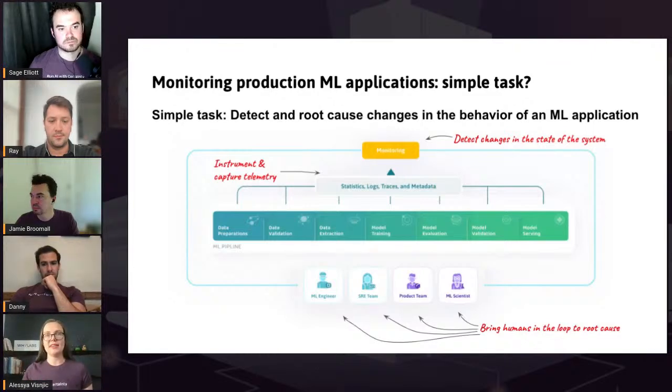So it all boils down to essentially solving three problems: gathering some kind of vitals from your ML lifecycle, detecting changes in these vitals, and then communicating these changes to humans. So it seems pretty simple.